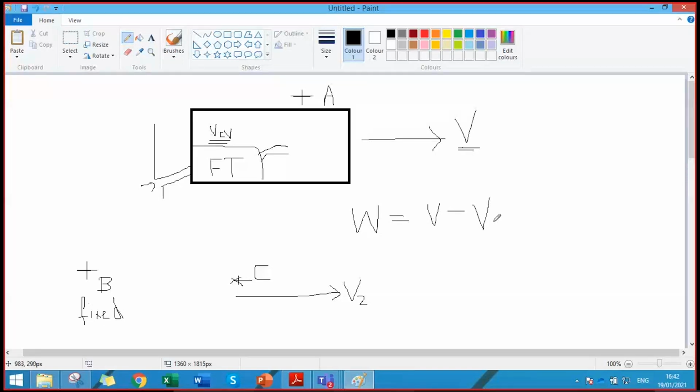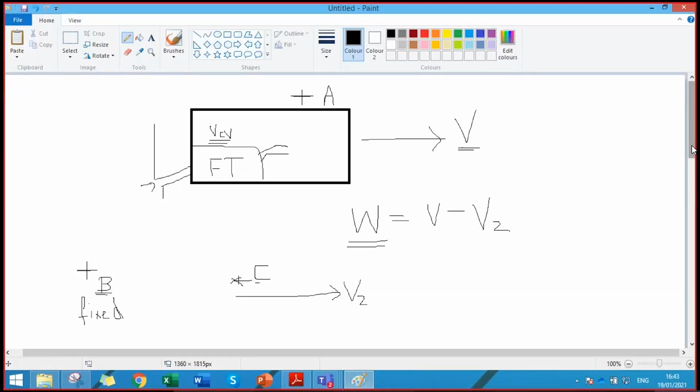So the control volume would be moving with velocity W. Clear? So we need to measure the velocities from the perspective of a fixed observer, and then we see how this control volume is moving with respect to a moving observer, and then we calculate the relative velocity.